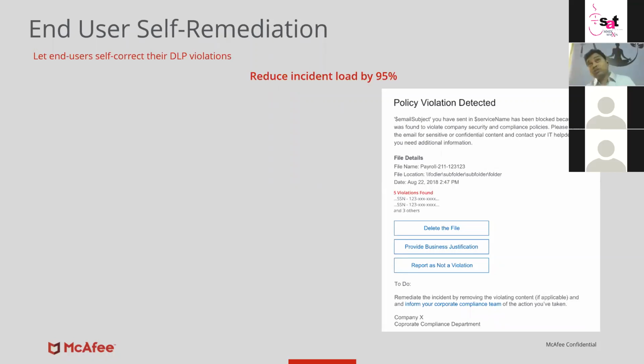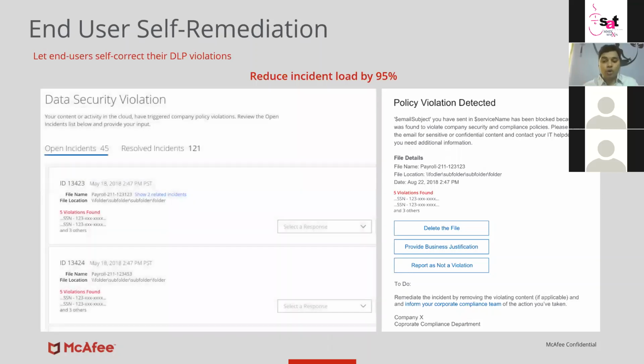So now the user is part of the remediation process. If it is unintentional, the user will straight away go ahead and delete the file. He's self-remediating the DLP incident. Or if it is genuine, he would provide a business justification, and the incident will get auto-resolved.